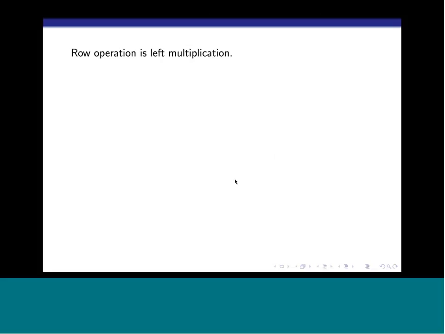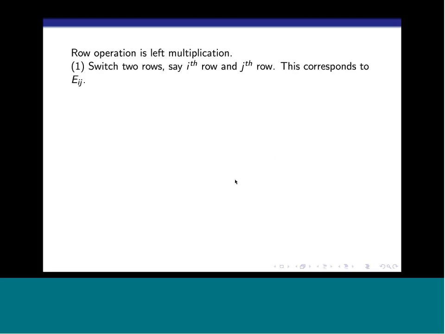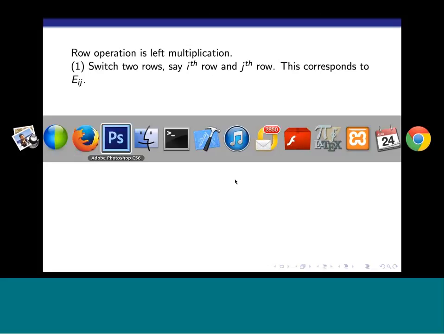We also talked about the row operation, left multiplication. There are several of them. The first one is called E_ij, the switch. Do you still remember it? For example, E_1,3 is 0, 0, 1; 0, 1, 0; 1, 0, 0.